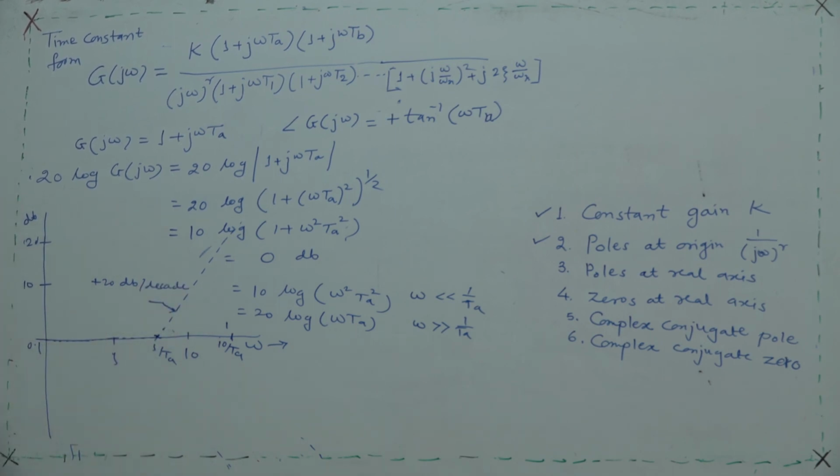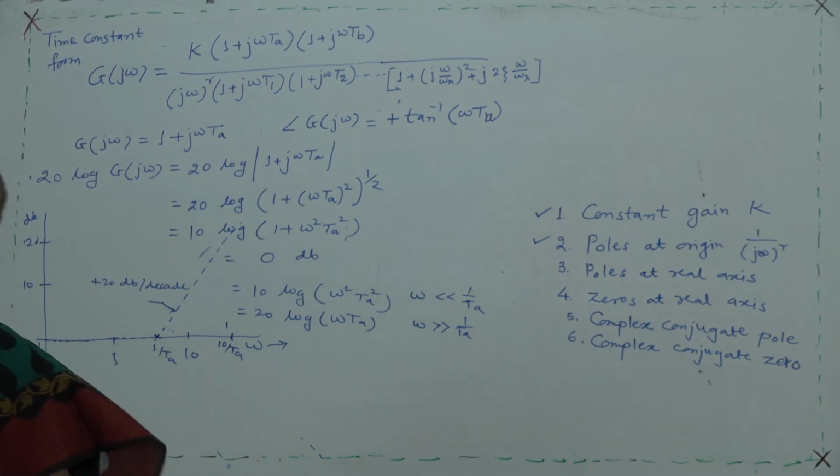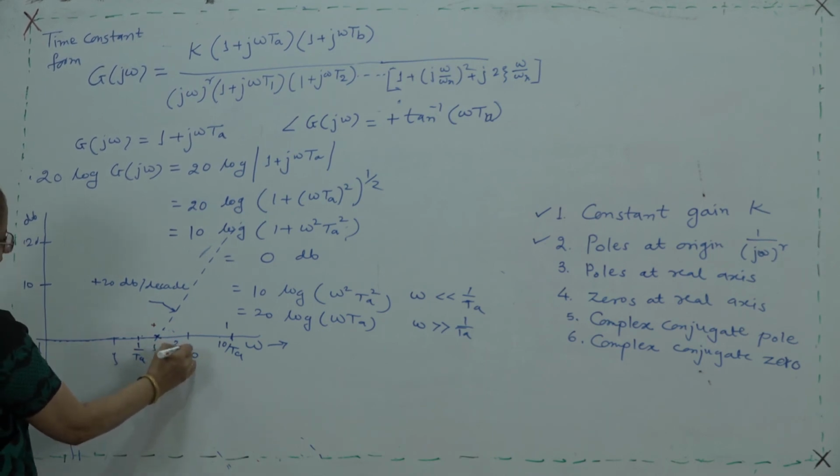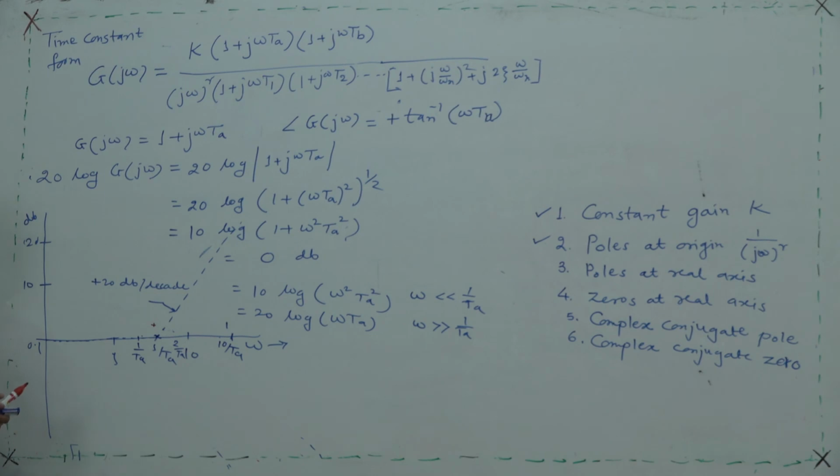The change only you can see, instead of the denominator term, now it is at the numerator. So, instead of minus 20 dB per decade, it will be plus 20 dB per decade. How will you correct it? Same things, instead of minus 3 dB at 1 by T A you will get plus 3 dB error, and at 1 upon 2 T A and at 2 upon T A, that is 1 octave before and 1 octave after that, you will get plus 1 dB.